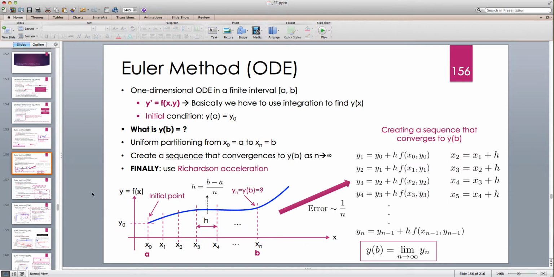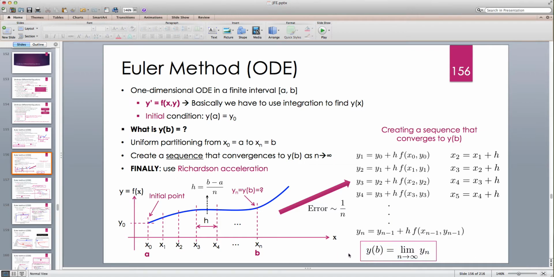And then we said that the key point is that in order to start from point x equals a, where y of a is given, the initial point is given, and in order to find the value of the function at the later point b, we create a sequence of the values of the function that converges to the value of the function at point b.